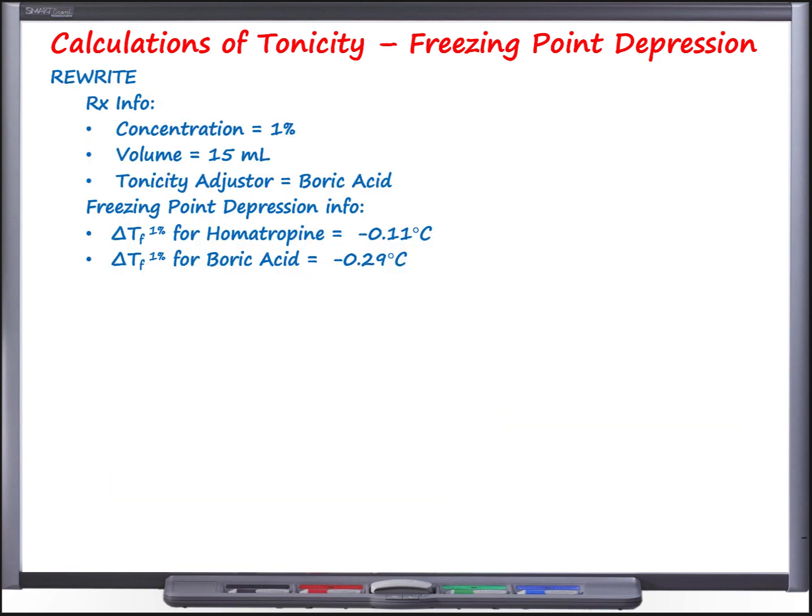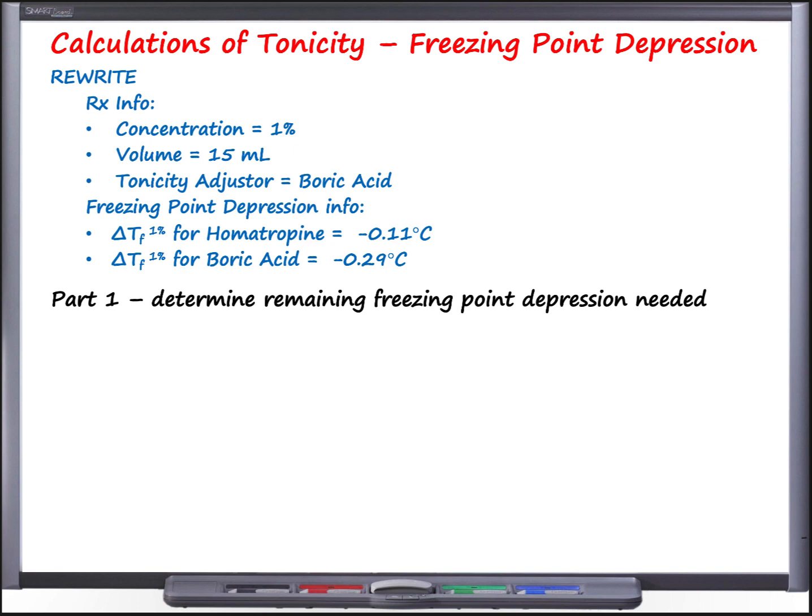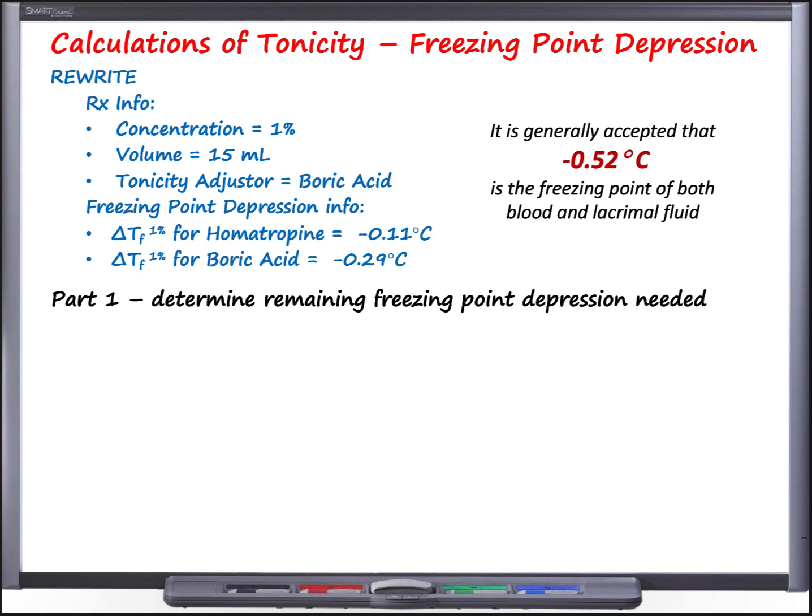The first step is to determine the remaining freezing point depression needed. I'll remind you, first of all, what is the target? Our target is to make sure our final solution is isotonic with blood and lacrimal fluid. It has to have a final freezing point depression of negative 0.52 degrees. So the remaining must start with our target and subtract out what we already have.